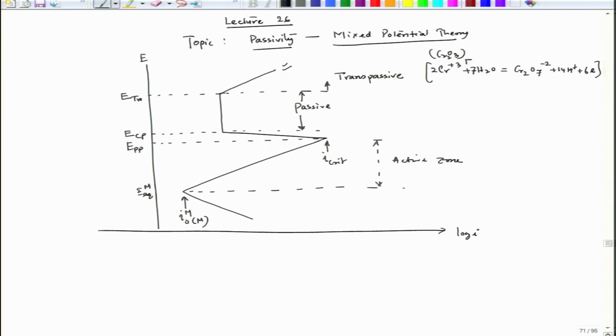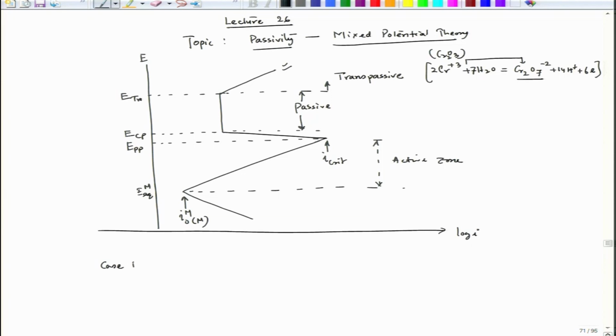This is the transition it can have, where this one can dissolve. So the oxide layer will no more be passive, rather it will start dissolving. This we are indicating as a transpassive zone.